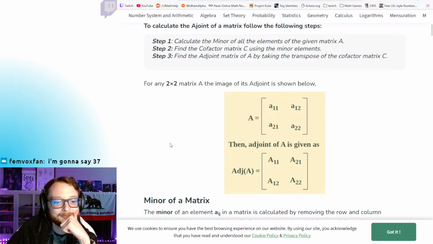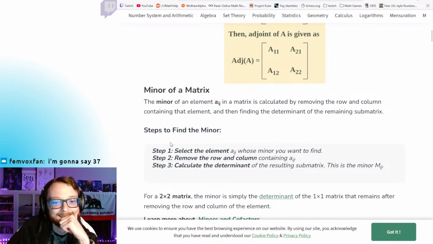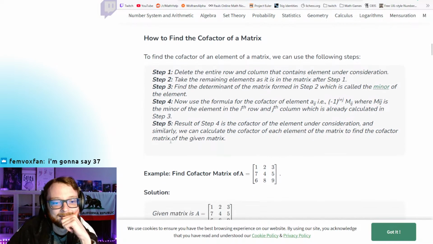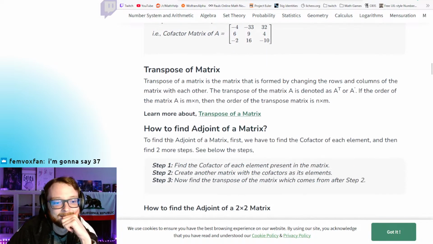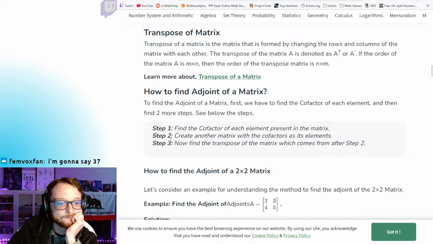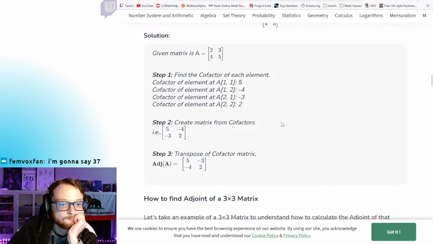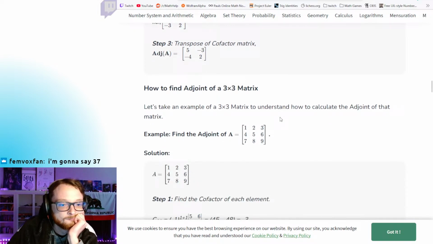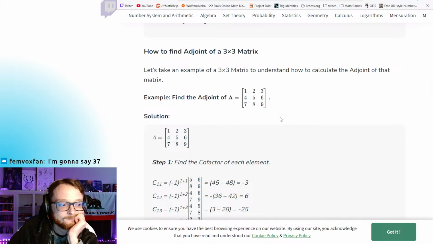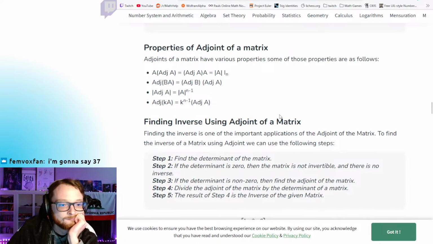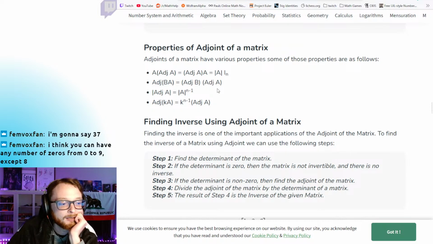Is that just a random guess? Have any number of zeros from 0 to 9 except 8.